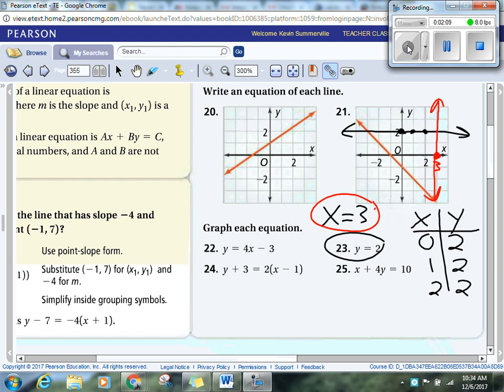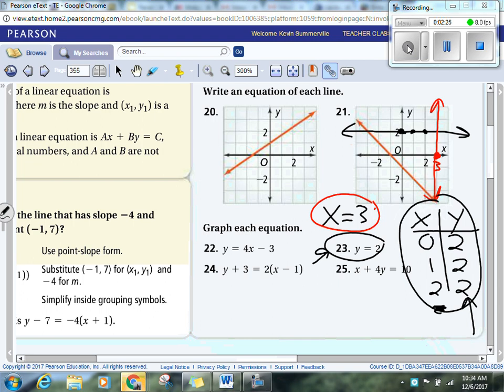So if you're looking at question number 23, y equals 2, you can do an xy chart, make y equal to 2, and plug in any numbers on the other side for your graph. And you can go ahead and graph (0, 2), (1, 2), and (2, 2), and draw your line.